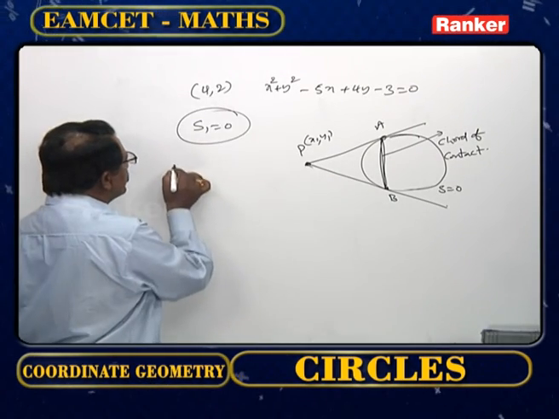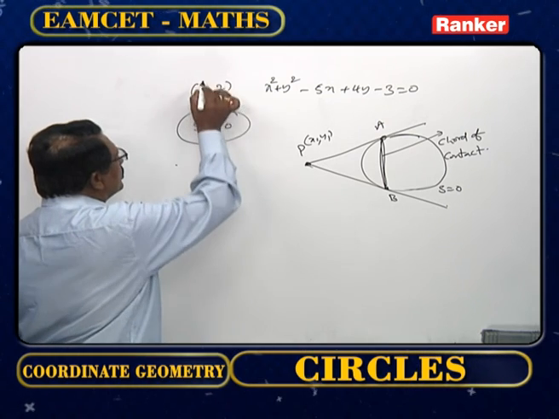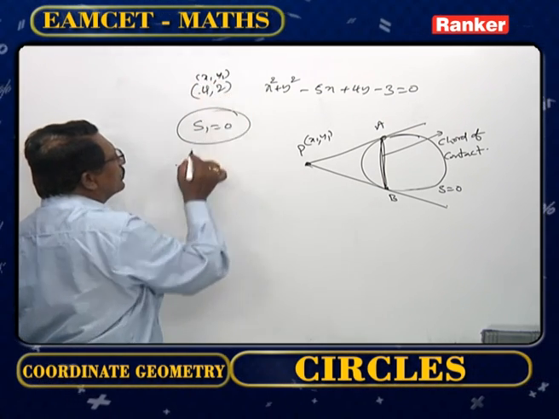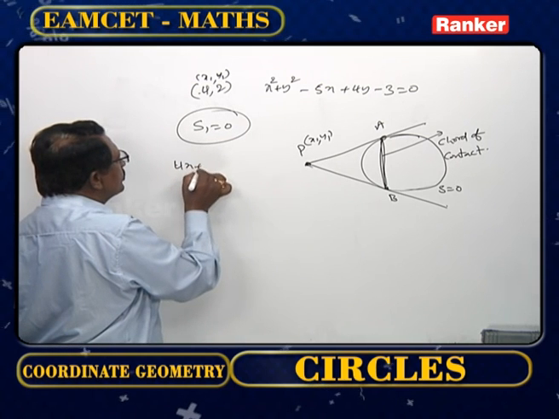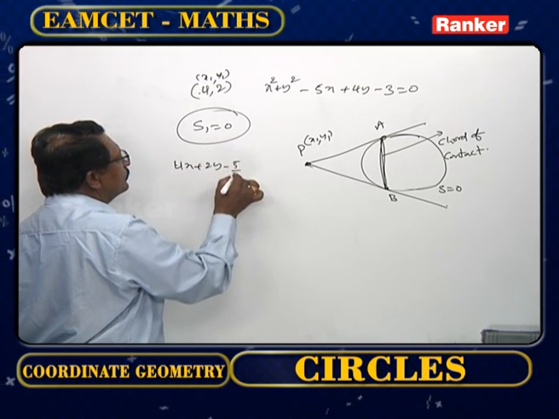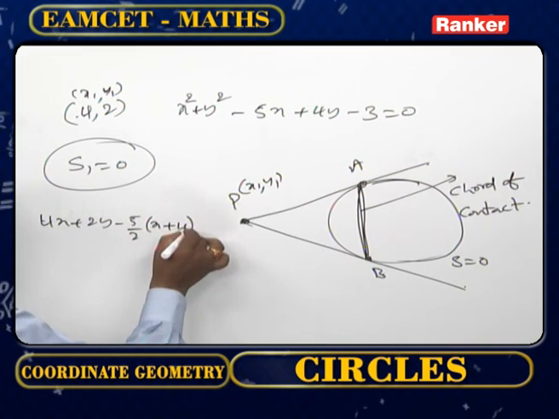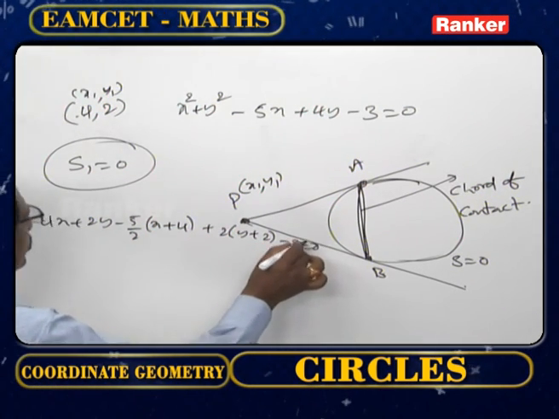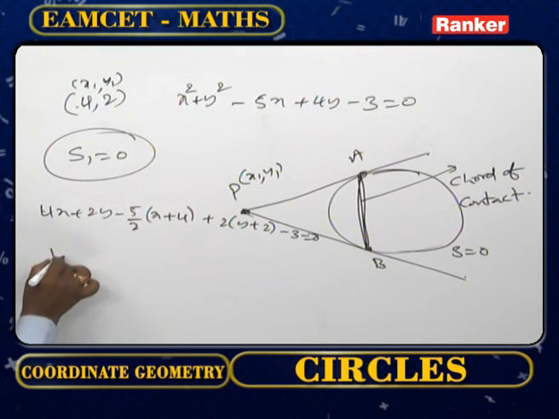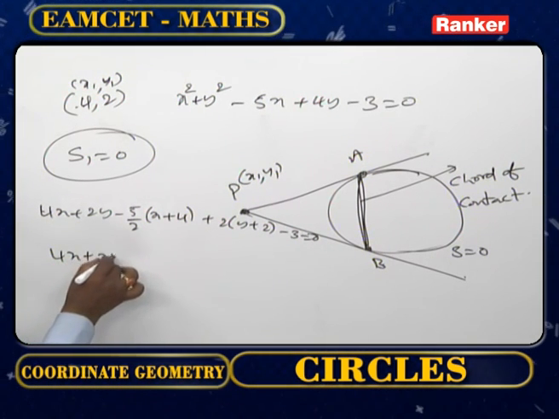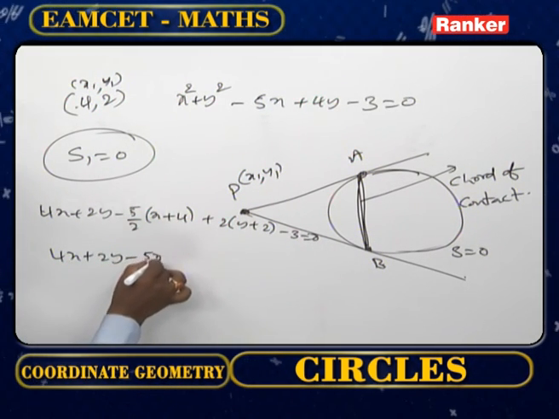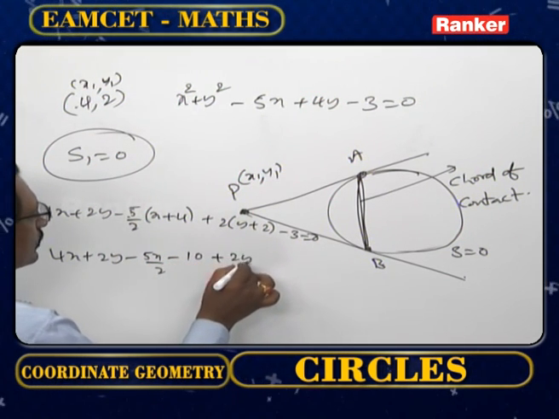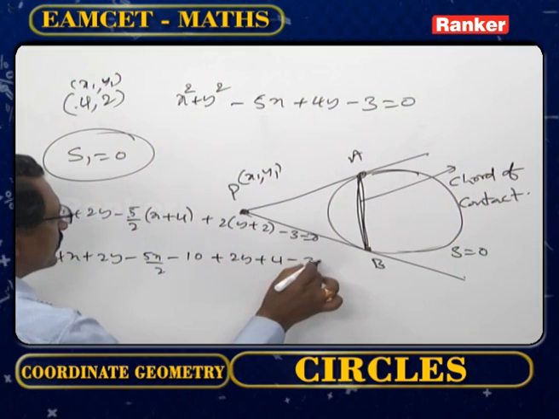Now for S1, x1, y1 is the point 4, 2. So 4x plus 2y minus 5 by 2 into x plus 4, plus 2 into y plus 2, minus 3 equals to 0. Now 4x plus 2y minus 5x by 2 minus 10 plus 2y plus 4 minus 3 equals to 0.